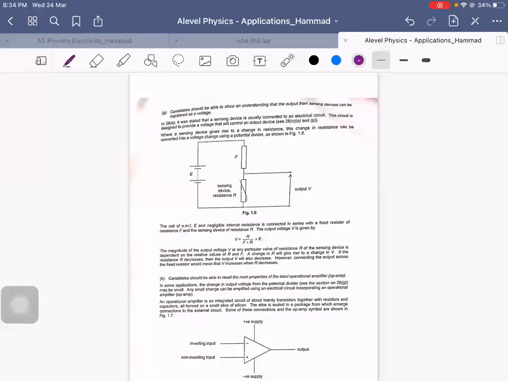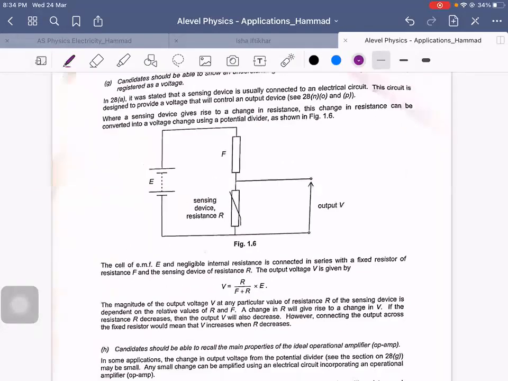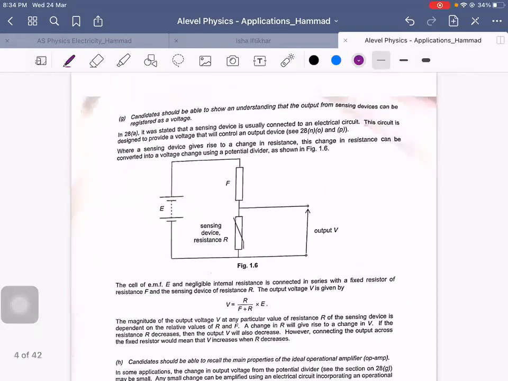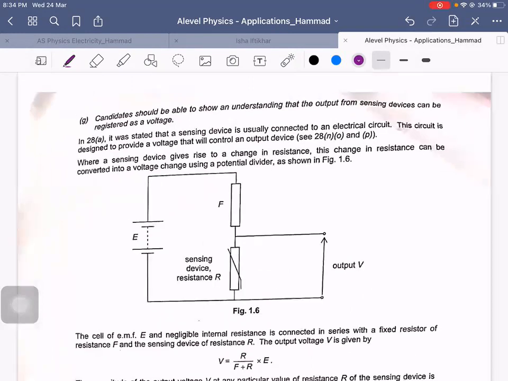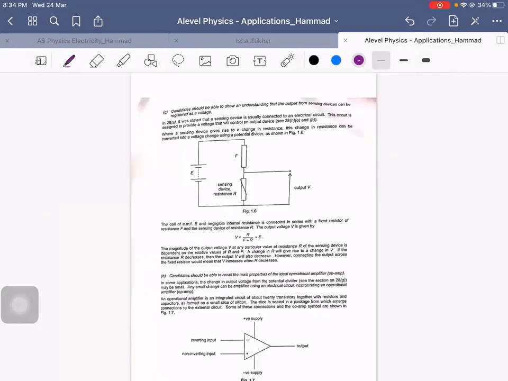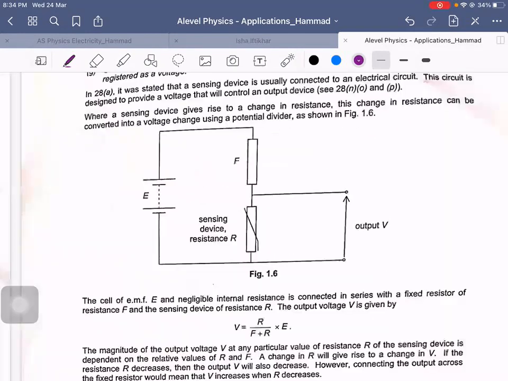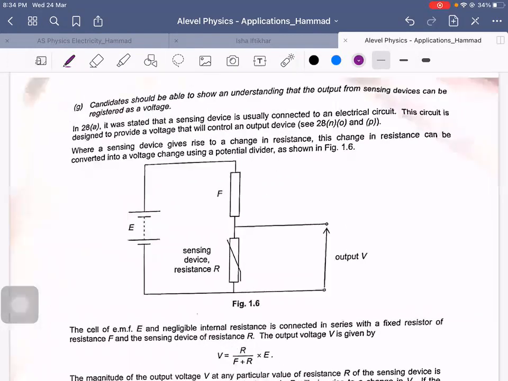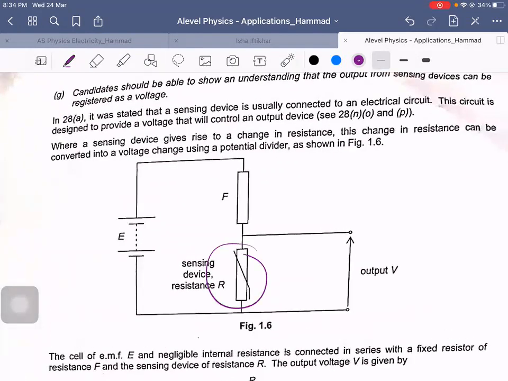Next comes a potential divider circuit. Now you need to understand that this is a variable resistor. Since this is a variable resistor and it is connected in series with F, depending on the resistance of this sensing device, the output V can be managed.